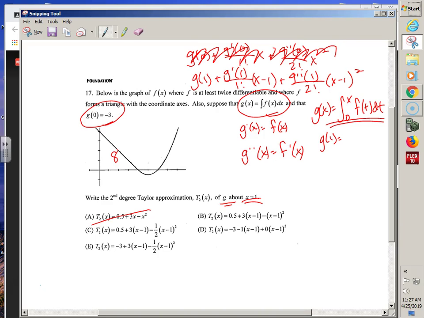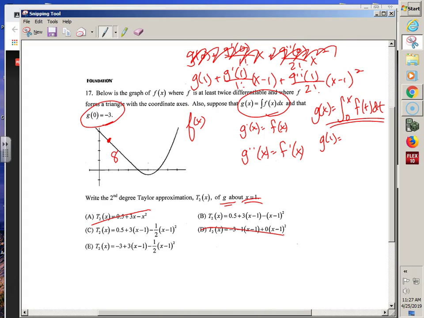I'm looking at 1. This is f, right? F of 1 is equal to 3. Like that one at least helps as far as getting here, because then that should be 3 times x minus 1. And then f prime would be our second derivative, which would be our second term.